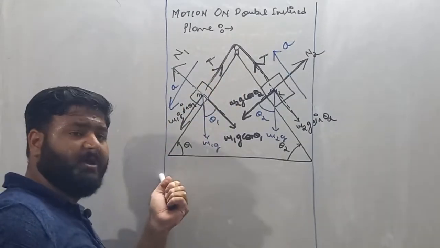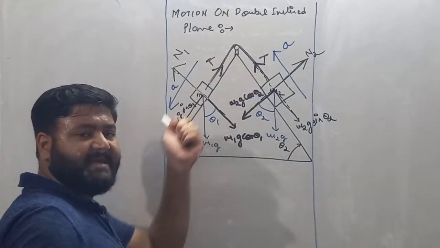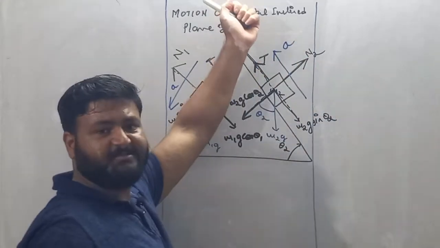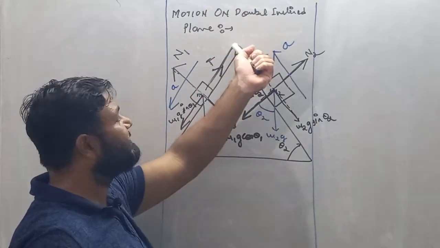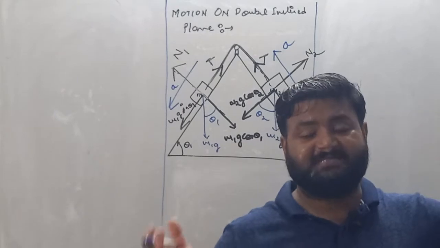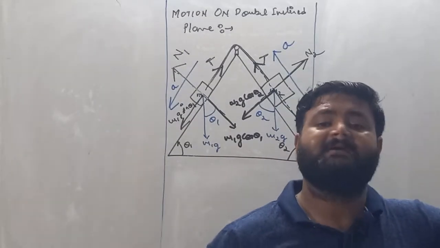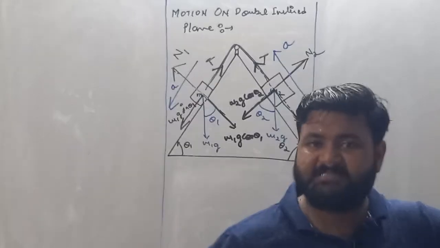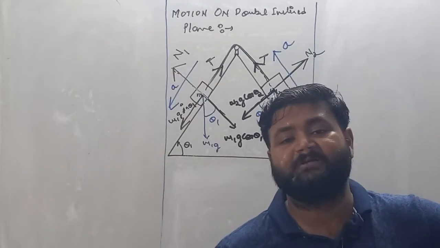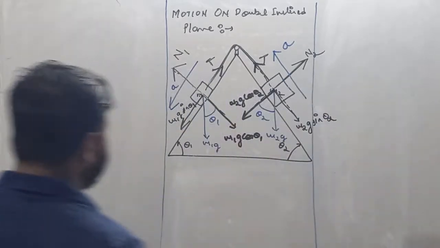Because if this block moves down, then this block moves up. If this block is moving with acceleration a, then this block is also moving with acceleration a, because this is nothing but a fixed pulley, and we know that if a fixed pulley is there, then both sides carry the same acceleration, same velocity, as well as, my dear student, the same displacement. So I hope you all understand this thing.